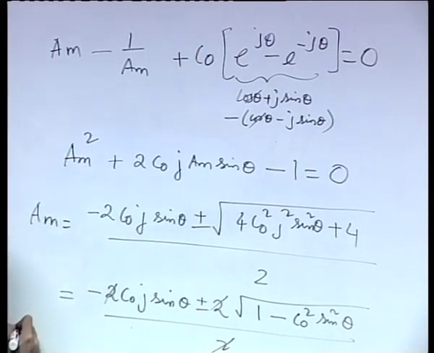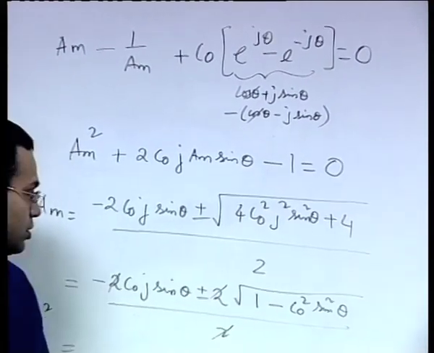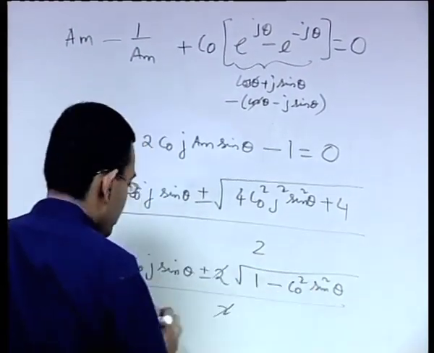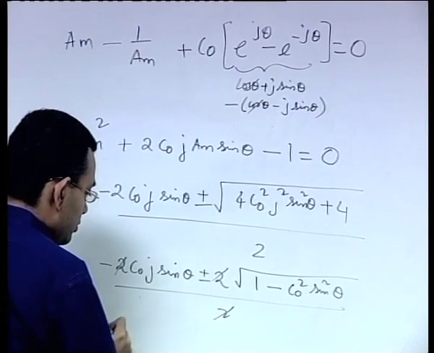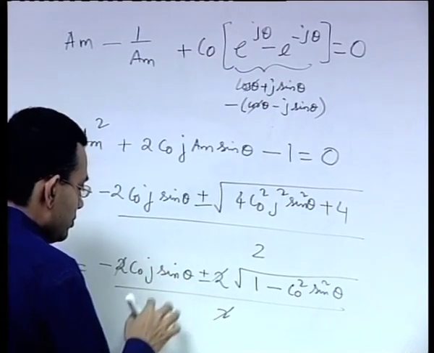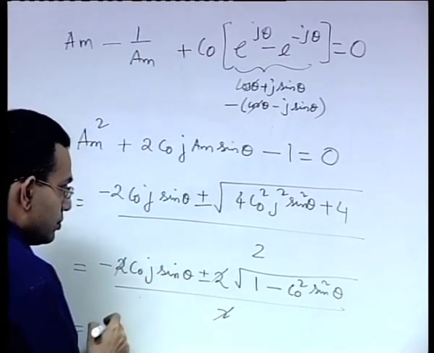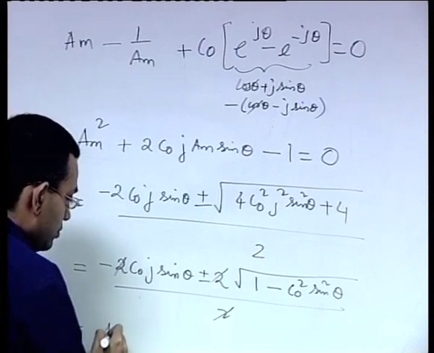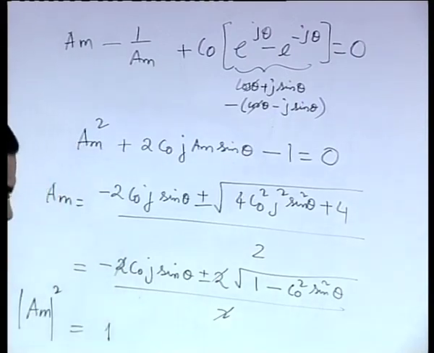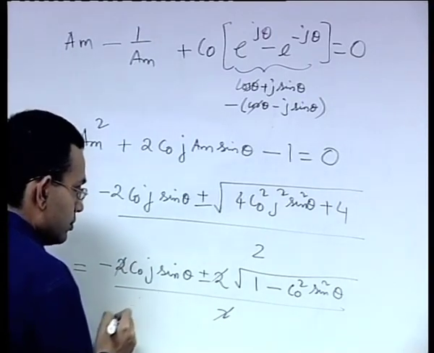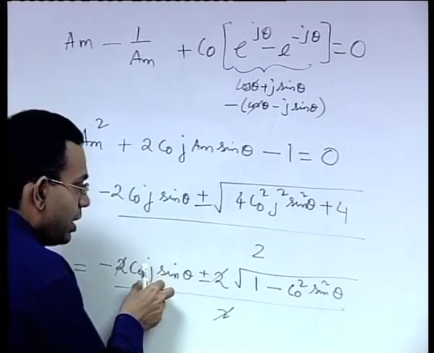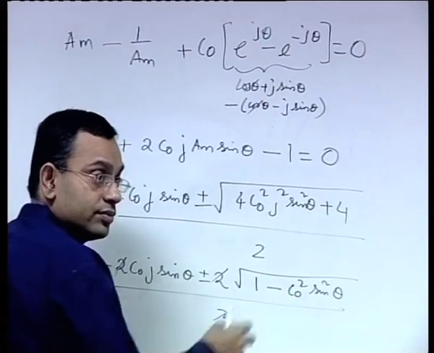So, what is the mod of amplification factor square? You have c naught square sin square theta. So, this is the imaginary part, this is the real part.